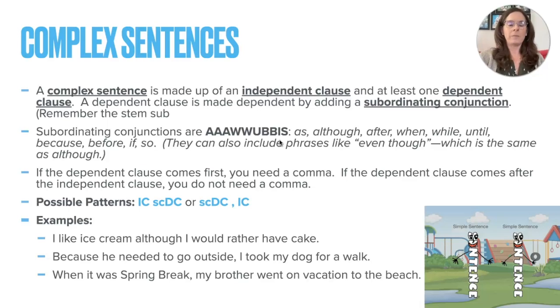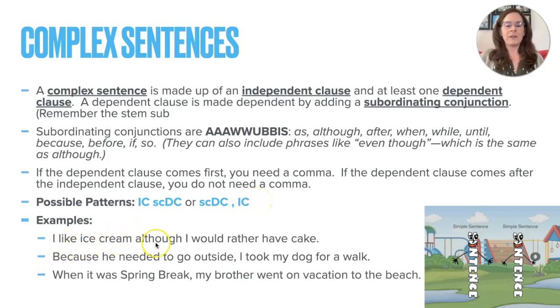If you have a complex sentence and the dependent clause comes first, you need a comma. If the dependent clause comes after the independent clause, you don't need a comma. So you have two possible patterns. Independent clause, there's our dependent clause with the subordinating conjunction, no commas, or your subordinating conjunction with the dependent clause, comma, independent clause.